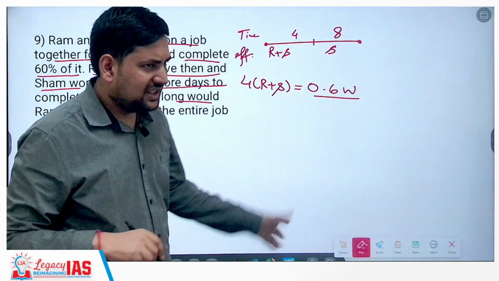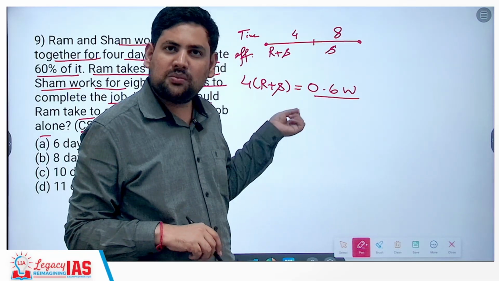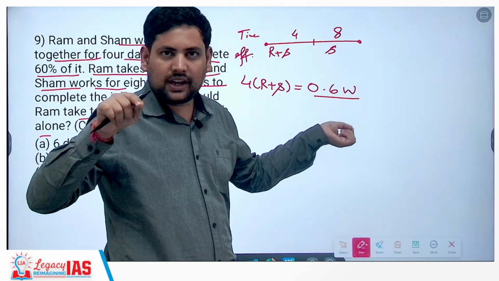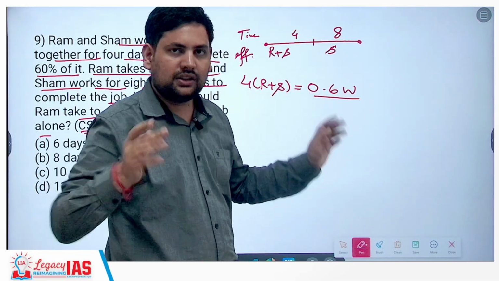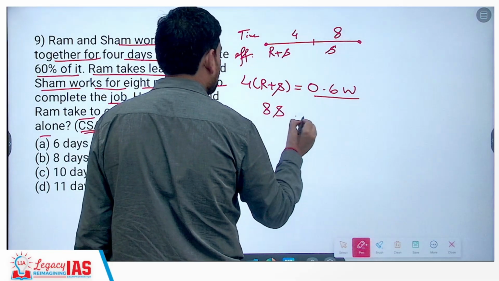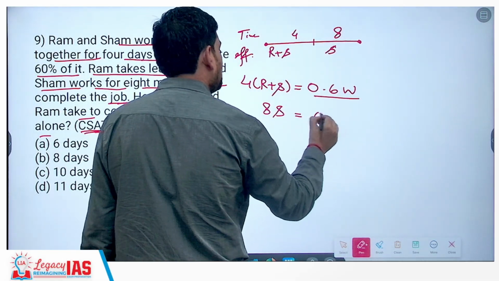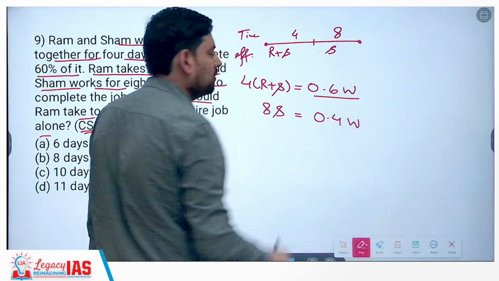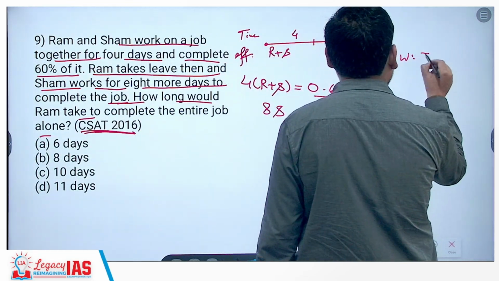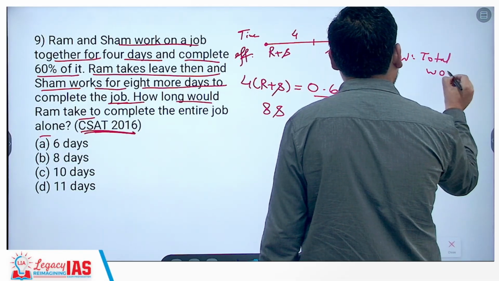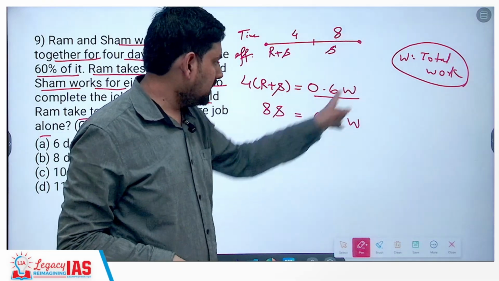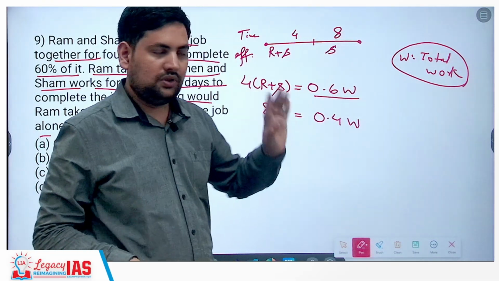Now 60% of the work was already done, 0.6 W was already done. 60% of work is 60 by 100, that is 0.6 W. Now 8S is actually the remaining work, that is 0.4 W, because W is the total work that we have assumed. Then 60% of W is 0.6 W, and 40% is the remaining 0.4 W.